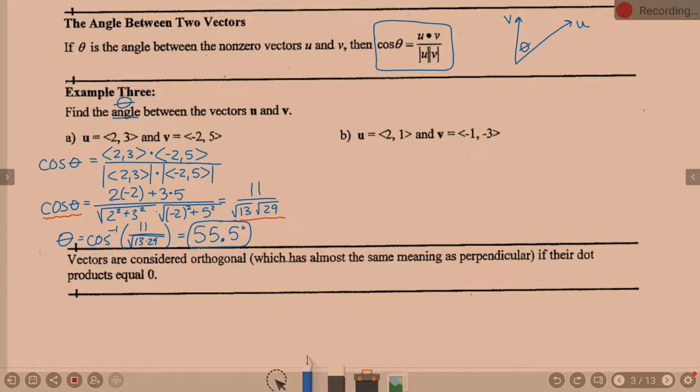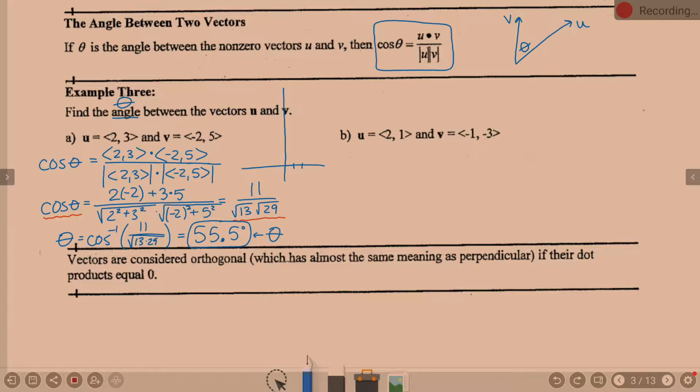Okay, so that is our theta. Oh, wait. Now, I want to talk real quick about, does this make sense? If I sketch a little graph here, think about the vector 2, 3.